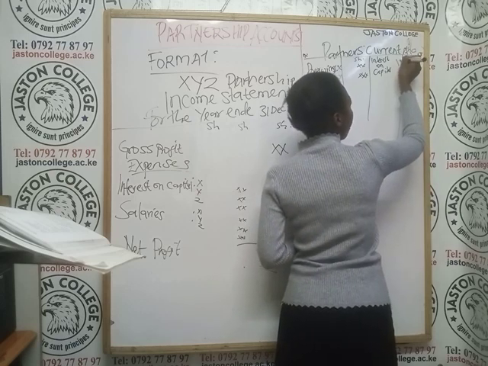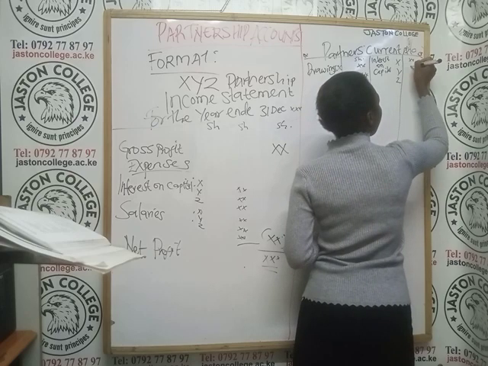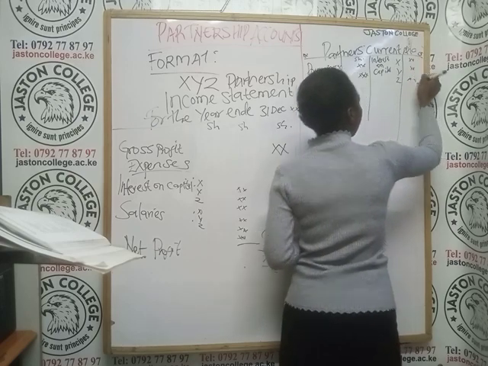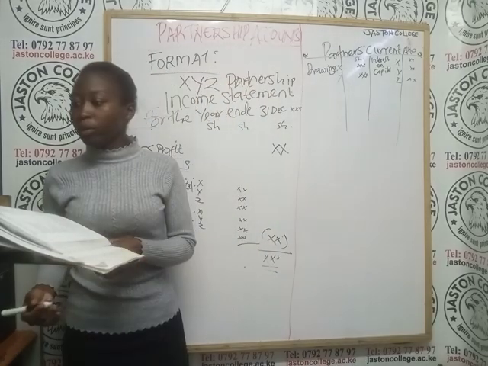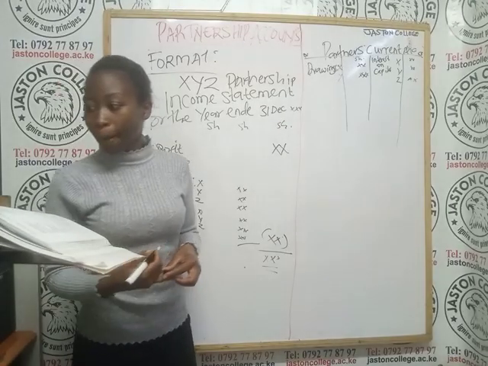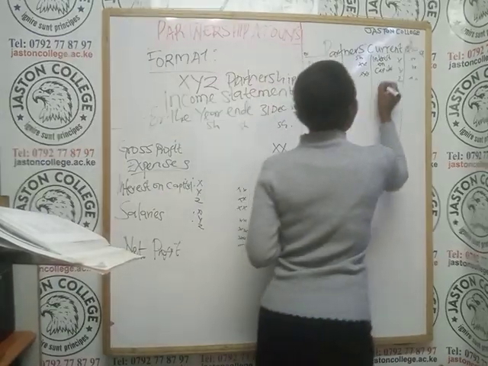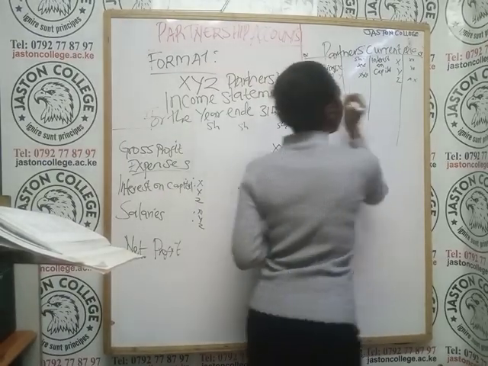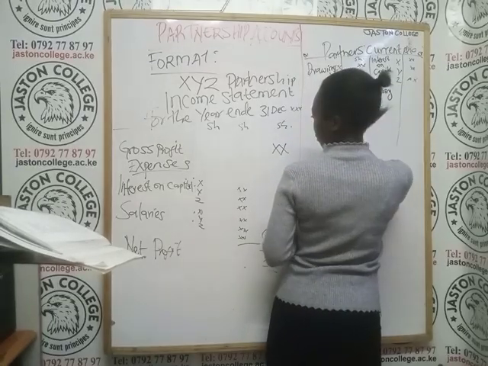So we have for X, Y, and Z. Interest on capital, the other side. Then we will also have salary for the partners.